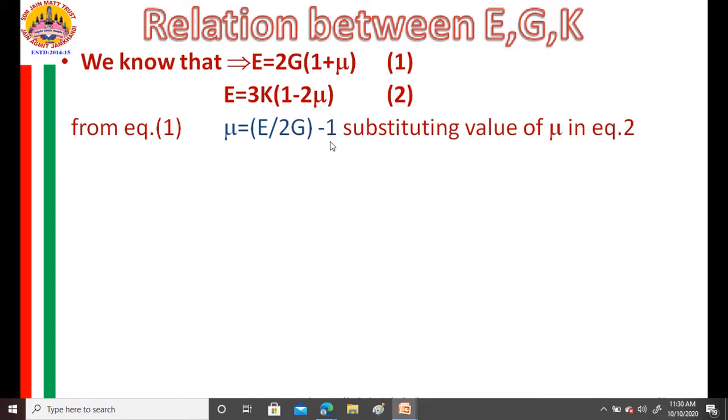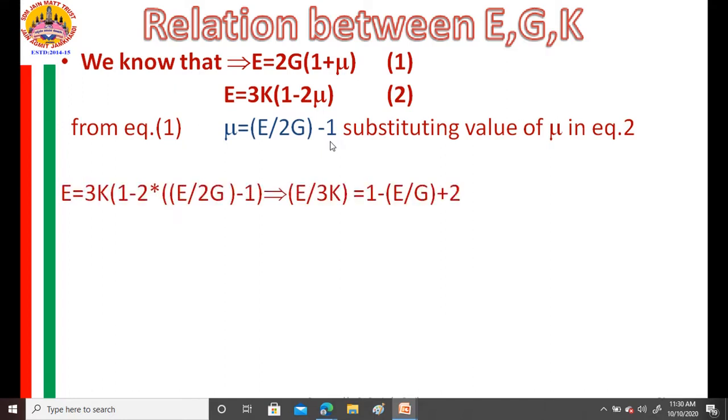What happens? Yes, just see here, E equals 3K, the value of mu is first 1 minus 2. Now write the value of mu in the bracket, that is E by 2G minus 1.